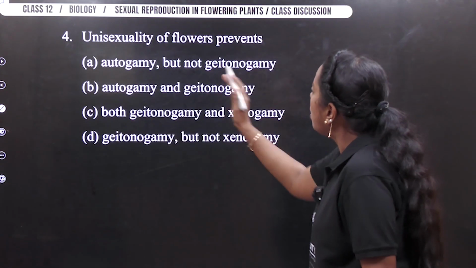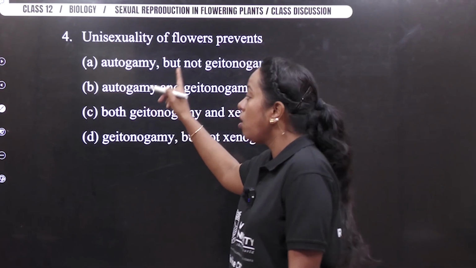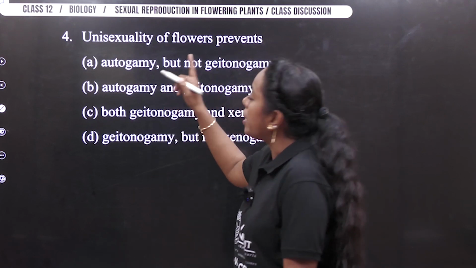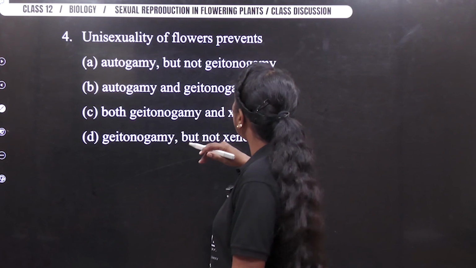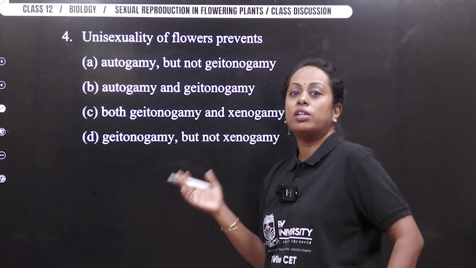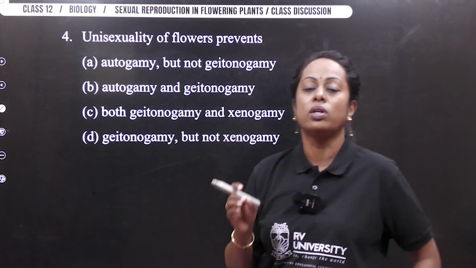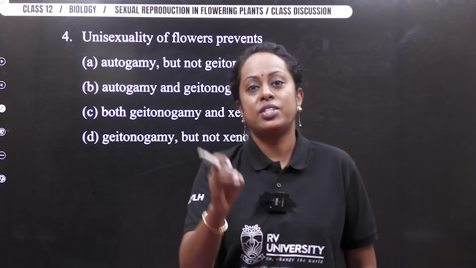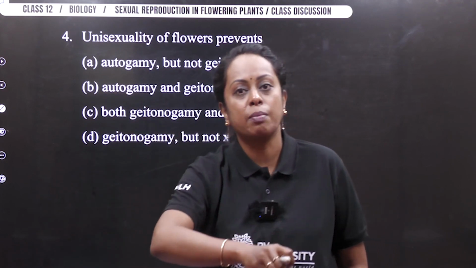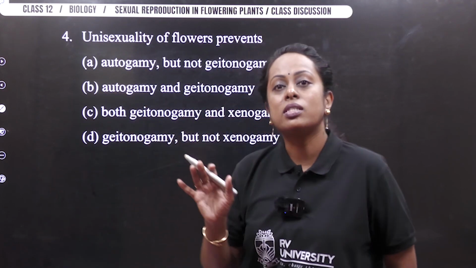With this, the question says unisexuality of the flower prevents. Unisexual flowers actually avoid self-pollination, autogamy. Geitonogamy can be called cross-fertilization, but still it is included under self-pollination because the genes remain the same. So pollen grain from one flower falls onto the stigma of another flower present on the same plant.